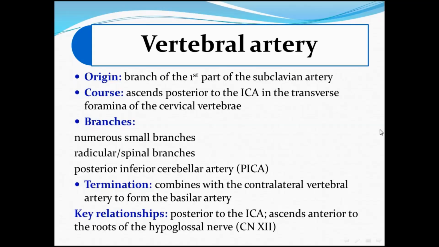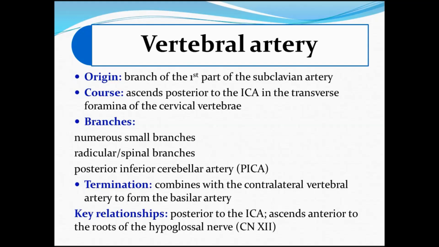The second system that supplies the brain with the blood is the vertebro-basilar system. So we start to talk about the vertebral artery that originates from the first part of the subclavian artery, and it ascends posterior to the internal carotid artery in the transverse foramina of the cervical vertebrae.